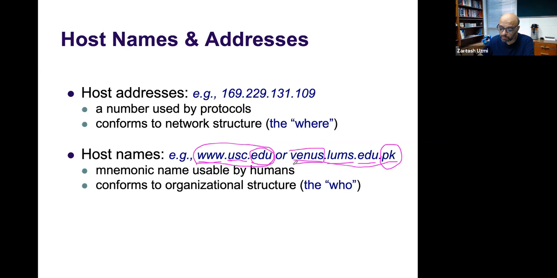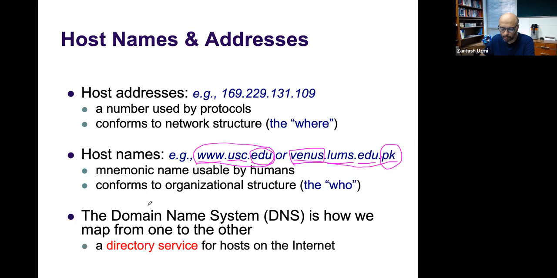So venus.lums.edu.pk is a real name, by the way. This is a machine which is hosted on LUMS campus. Another one would be suraj.lums.edu.pk, which is also a machine which is very much in existence, used to host the course outlines. So translation from the host names to IP addresses is the job of the DNS.